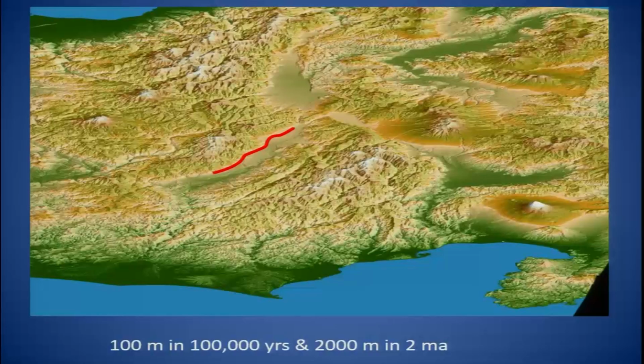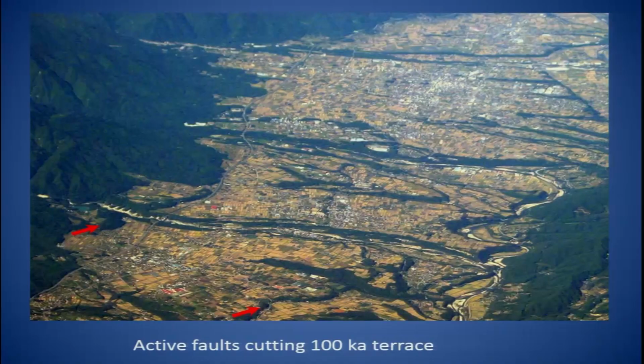Either you are using the ASTER data, or SRTM data, or high resolution satellite data with stereo pair capabilities. With that you can generate the topography of the area, and that will help you in identifying the landforms.